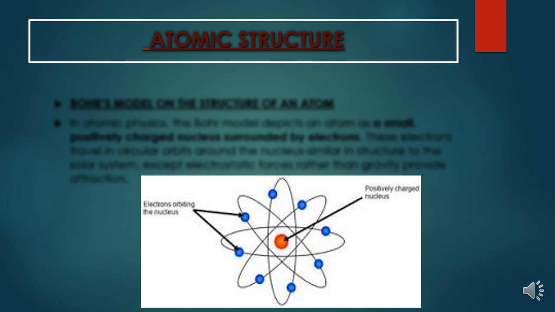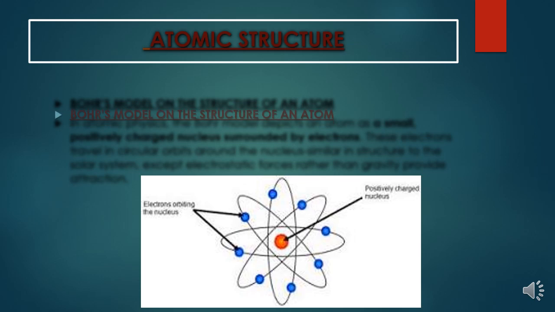So electrons orbit around the nucleus, just as planets orbit around the sun, and their distances are held firmly in a fixed position due to electrostatic forces between the electrons and the protons. These electrostatic forces are forces of attraction between the electrons, with a negative charge, and the protons with a positive charge.